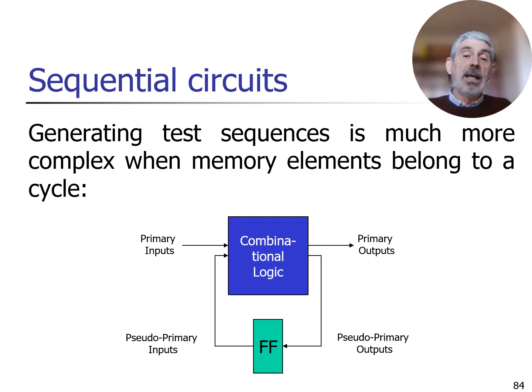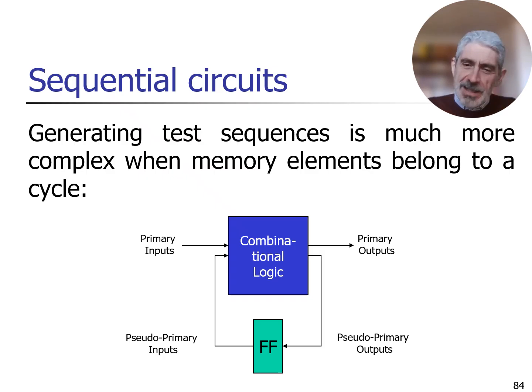And this again leads to the necessity of identifying an input sequence able to make the difference existing in at least one flip-flop visible on the primary output. This is to say that generating test sequences for sequential circuits is much more complex.